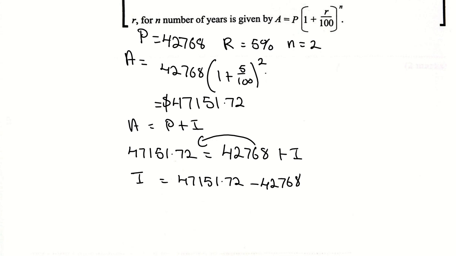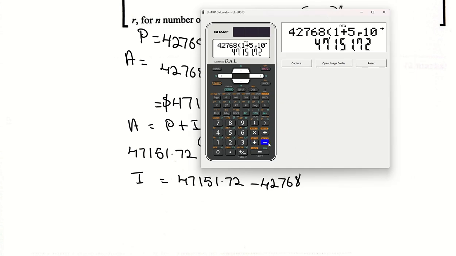Let's do this on a calculator. So minus 42,768, press equal, and you get an answer.